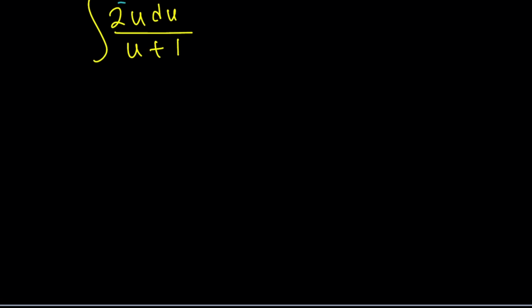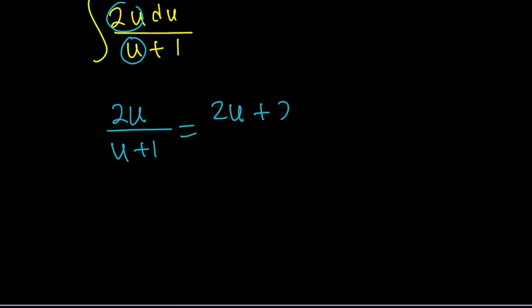Notice that 2u is 2 times u. So if we divide these two polynomials, the quotient would be 2. So we can write the numerator as 2u plus 2 minus 2, all over u plus 1.